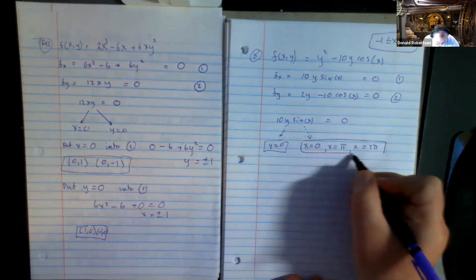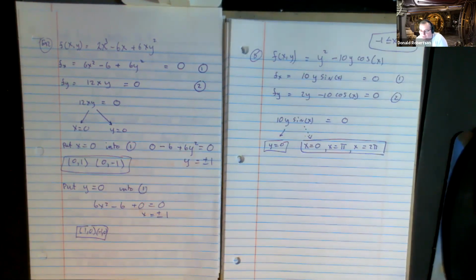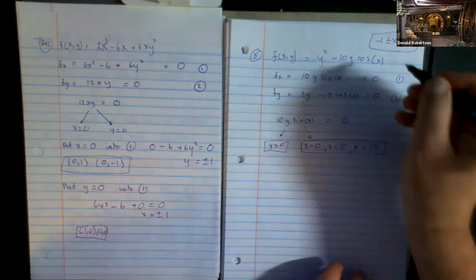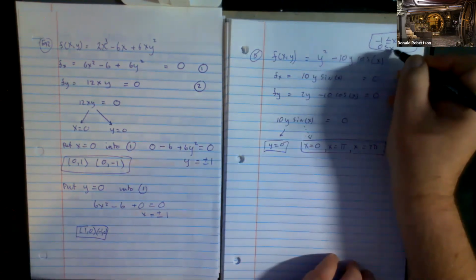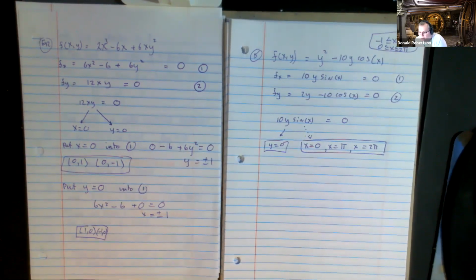And these three are all between 0 and 2 pi. I wish they had just done that to make my brain feel happier. Are we good?